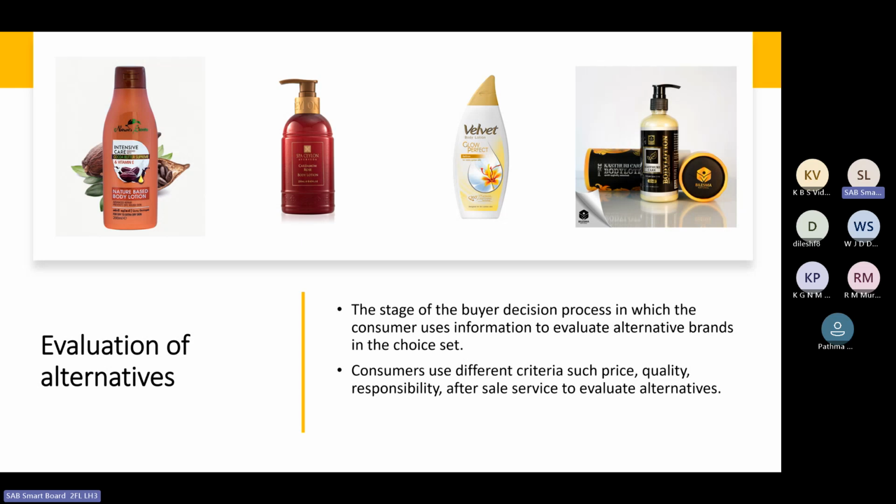We do an evaluation. Consumers might be using different criteria such as price, quality, responsibility, after sales service. For these cream products, we might use the ingredients they have used to evaluate, or the certificates they have obtained, or the market availability.